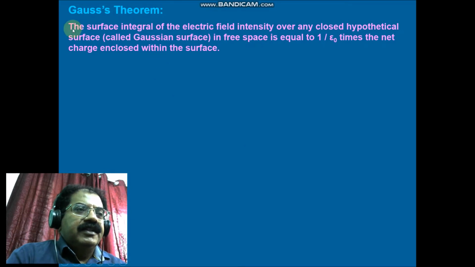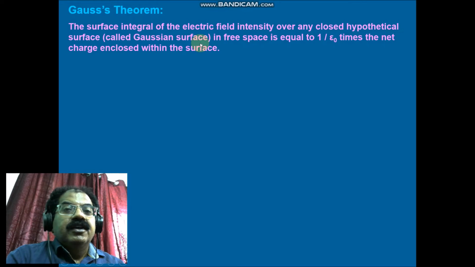If you understood that concept of area vector, then please go through this sentence. The Gauss theorem says that the surface integral of the electric field intensity over any closed hypothetical surface called the Gaussian surface. Now, what is a Gaussian surface? A Gaussian surface is an imaginary closed surface.